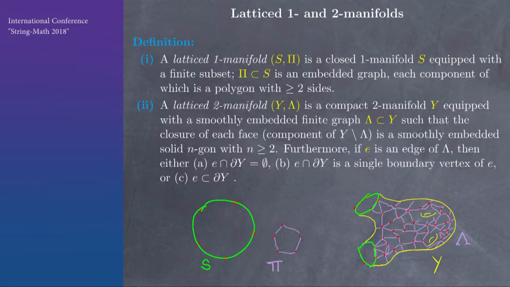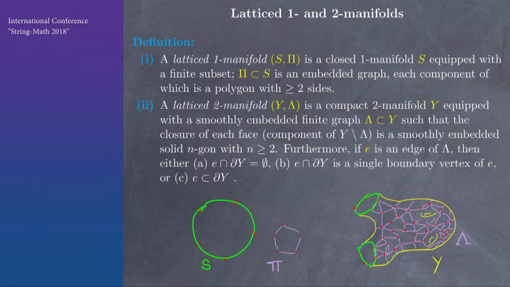In the one-dimensional case, a lattice is just a finite set of points. So it's just a polygon, in other words, on a circle, or it could be a union of polygons. That's easy. And on a surface, well, it's just an embedded graph. You can read the conditions. Basically, we want that it's a union of polygons. We don't ask that they necessarily be triangles. But we do ask that the closure of each face be a polygon, that the thing doesn't wrap on itself.